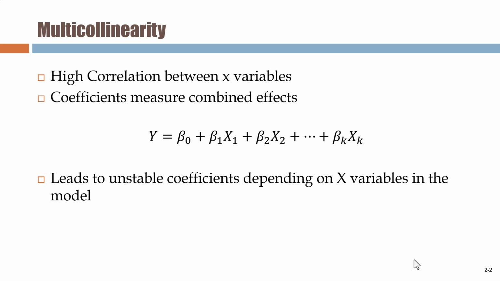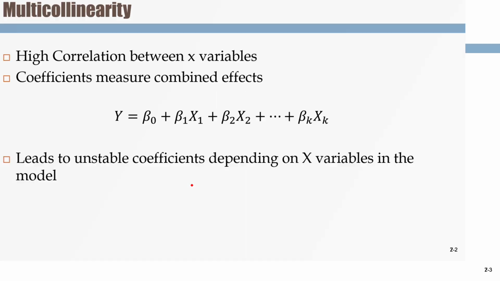It's going to be really hard to find the coefficient. Coefficient calculation may be affected by this collinearity, so you will have an unstable coefficient. Sometimes it's impossible to calculate the coefficient. So that's why we'd better not have two highly correlated variables in our regression model.